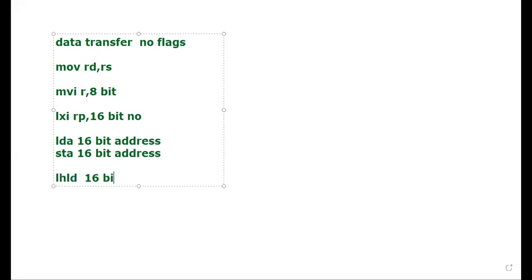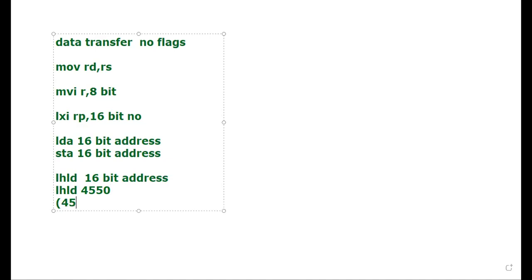Then if you have LHLD, 16-bit address, the contents of the address will be copied into L and the next address contents will be copied into H. Okay. So again take the example. LHLD, for example, 4500. Then whatever value is in 4500 will go into L and the value in 4501 will go into H. Okay, so understand the thing and then write. Suppose 4550.